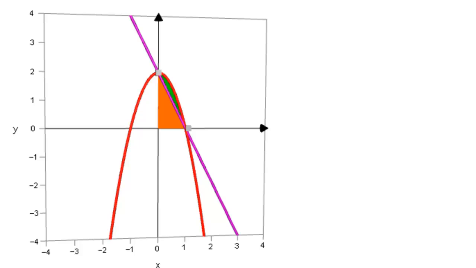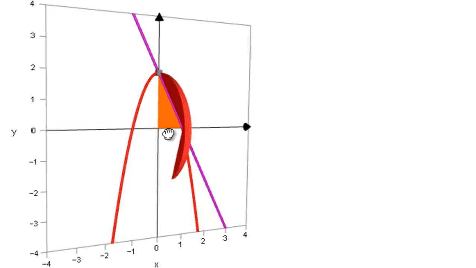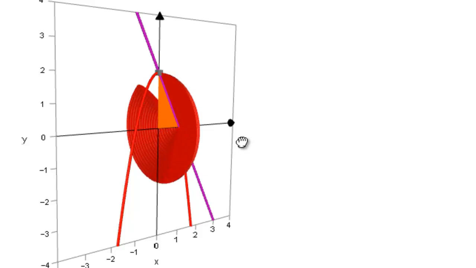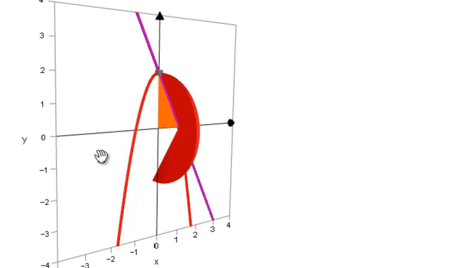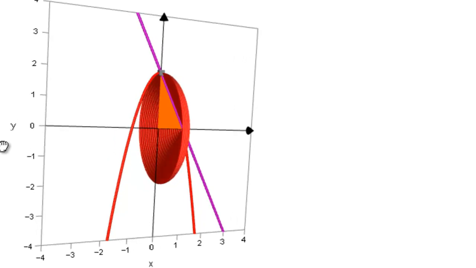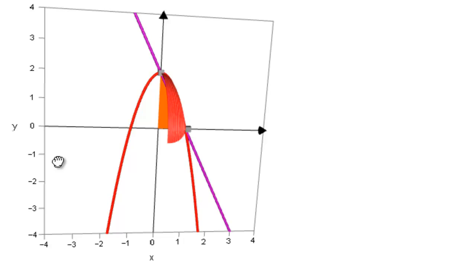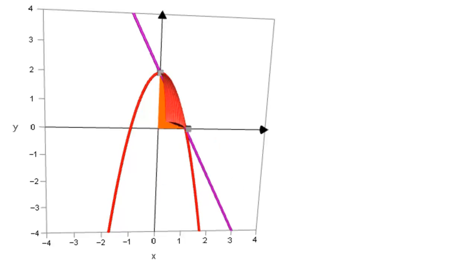And when we revolve the region in green, we will get this red color shell-like structure. Can you see that there's a hole in the middle? It's like an empty bowl. So it's like a shell. How do we calculate the volume of this solid of revolution?